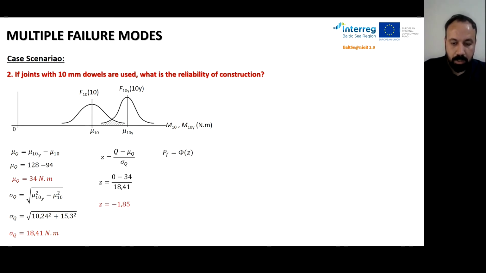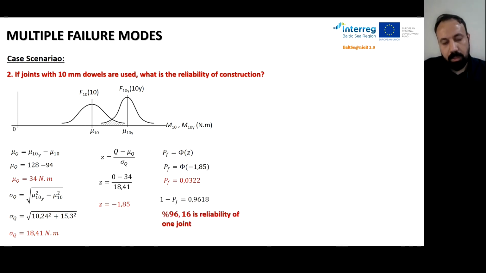So I get the failure probability, which is 0.0322. It makes my joint reliability 96.78%. And then let's go to the reliability of construction.